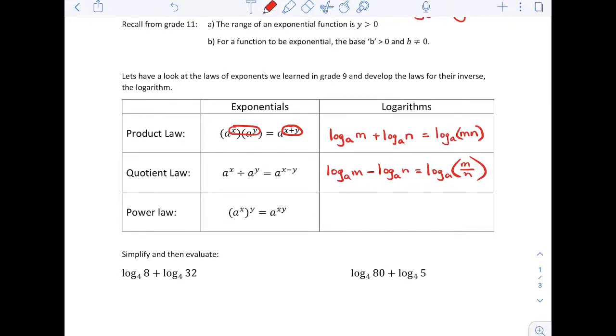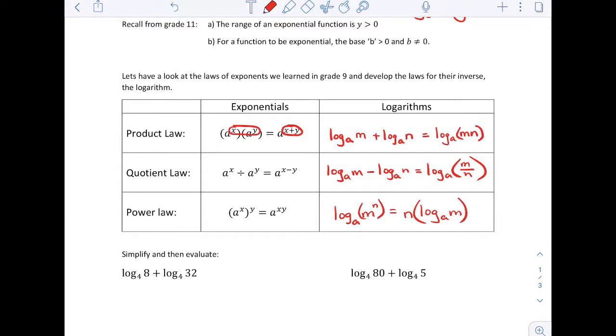And the last one, the power rule. Basically what happened here was if we had a to the power of x raised to the exponent of y, that was just the result of the multiplication of the exponents. So how does that apply to the logs? Well, in this case, if we have log a of m to the power of n, something like that, that's equivalent to n log a m.